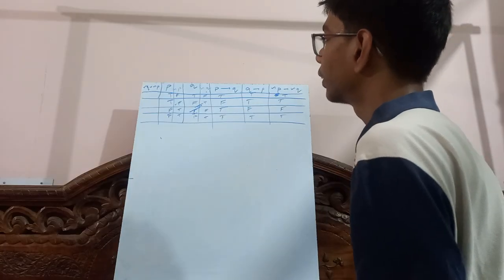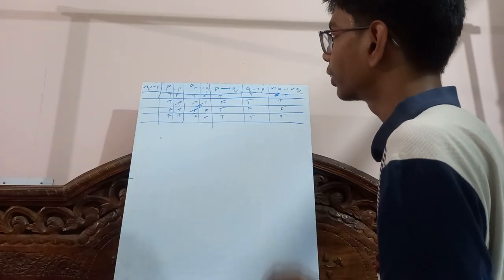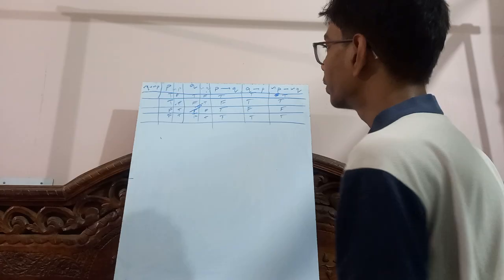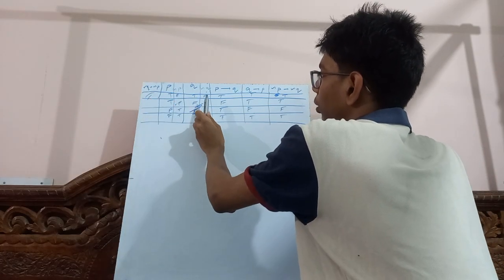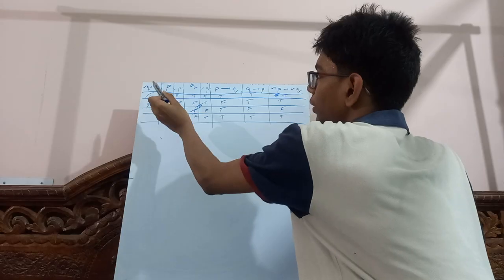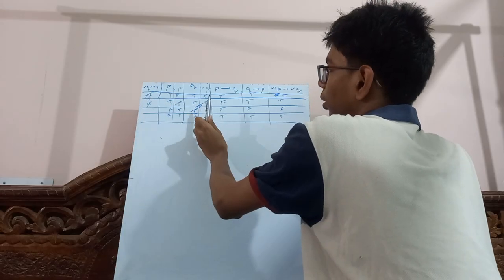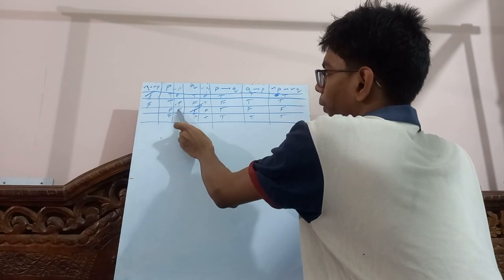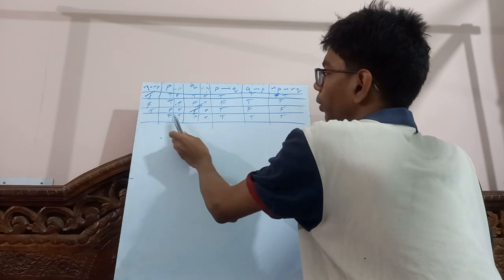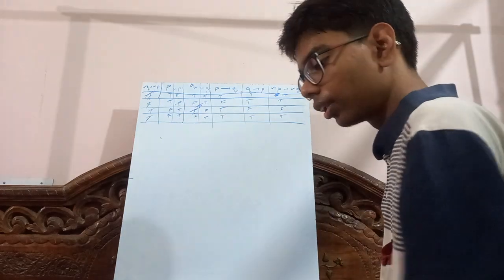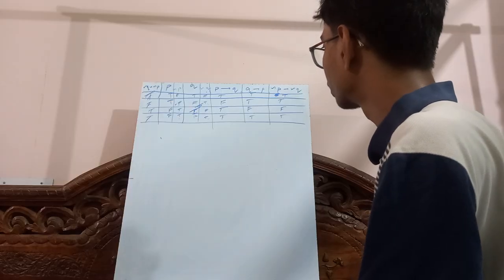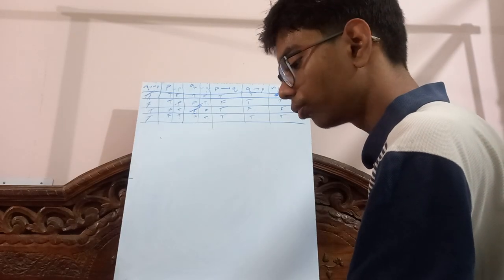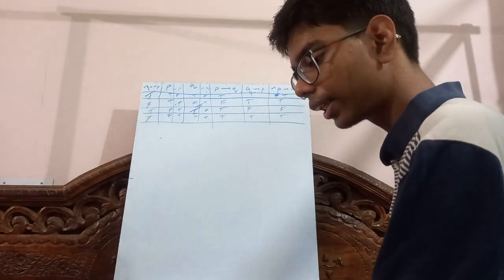And simply negation of Q arrow negation of P, that is the conditional statement. Here it will be true, true but false, false, false but true, true, true and true, true, right? And this is the final answer: true, false, true, true, and true, true, false, true, right? This is correct.